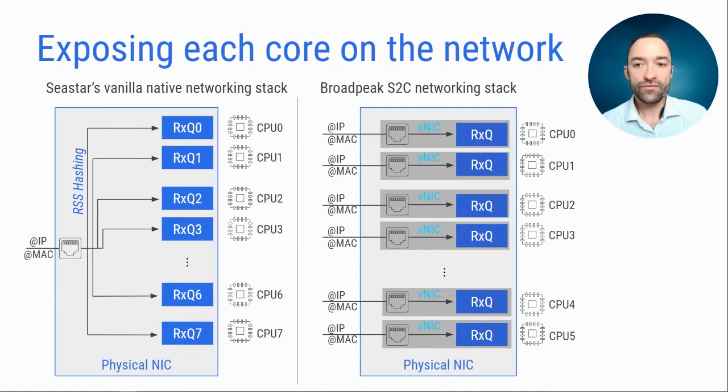So let's review first how Seastar works currently. Seastar's native networking stack works in the following way. The Seastar application will expose a single IP address and MAC address to the network, and each CPU core will get its own receive queue on the physical NIC. In the example here, I have 7 CPUs, and hence 7 queues on the physical NIC.